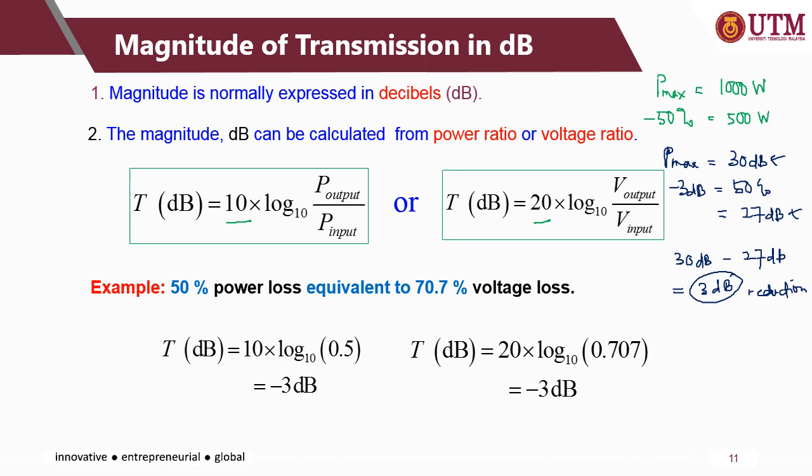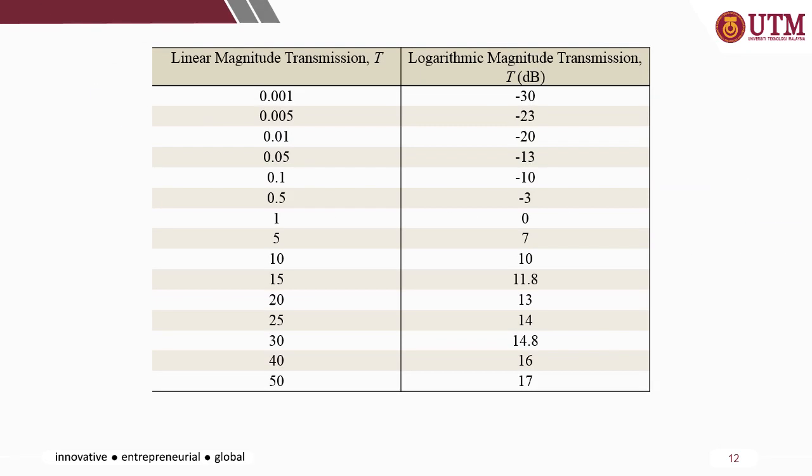Okay, so the same goes for the voltage. You can revise again your signal system calculation when you have the power loss and also voltage loss. The table basically summarizes some of the magnitude transmission in linear and also in logarithmic.